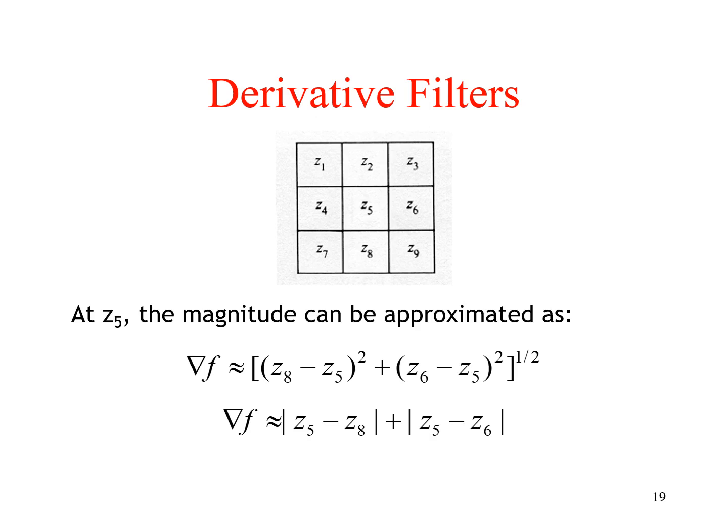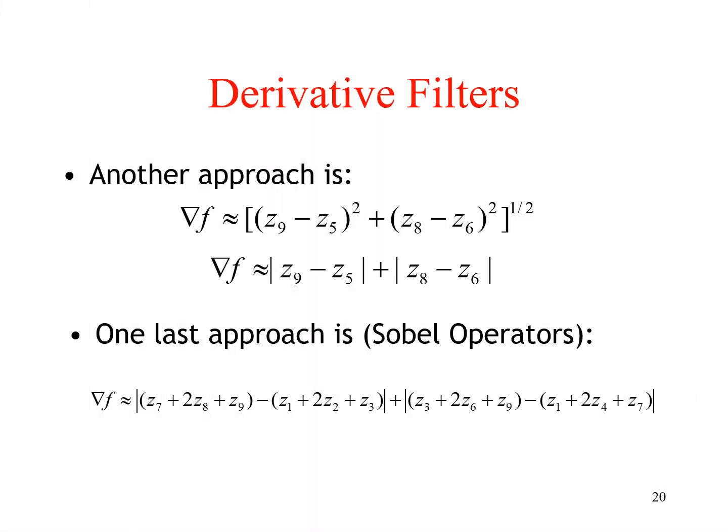So at z5, the magnitude can be approximated by this formula: |z5 minus z8| plus |z5 minus z6|. So this is another approach. This is the formula you can just remember, and this was for Roberts. For the Sobel operators shown in the previous slides, you just have to apply this formula to find out the gradient.